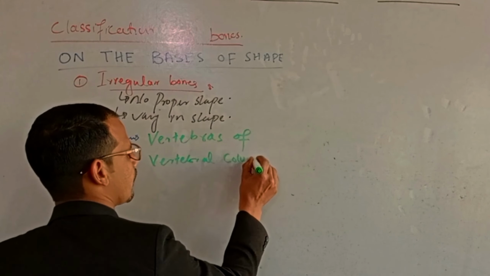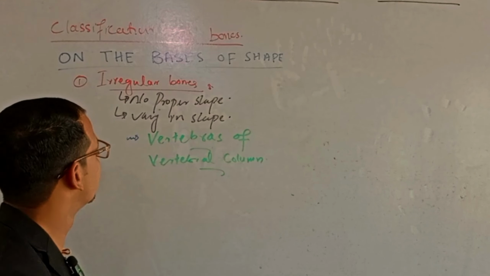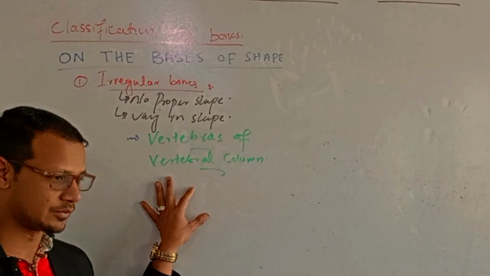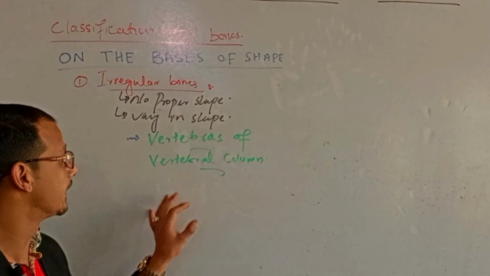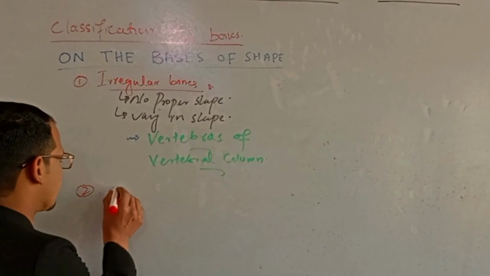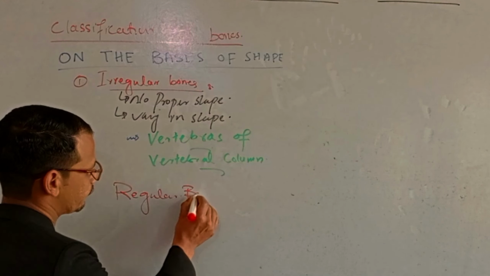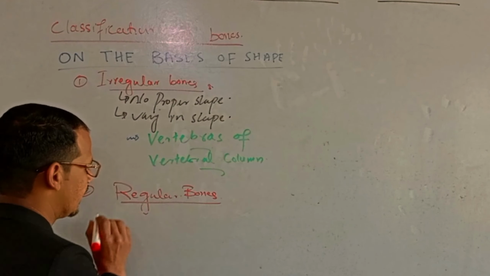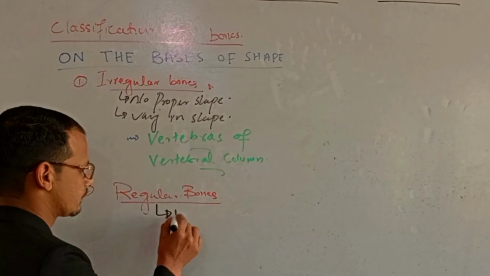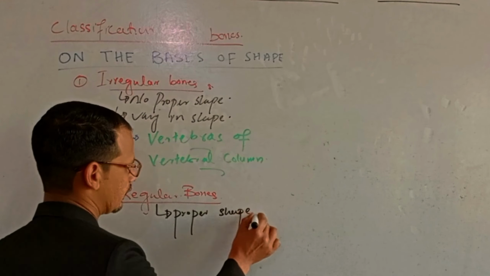This is the best example of irregular bone. We will discuss the structure of vertebrae in detail. The next is regular bones. Regular bones have proper shape.